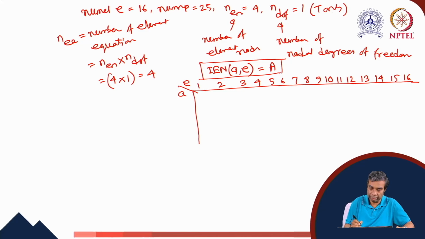Our local nodes vary from 1 to 4. So this corresponds to the small a things.